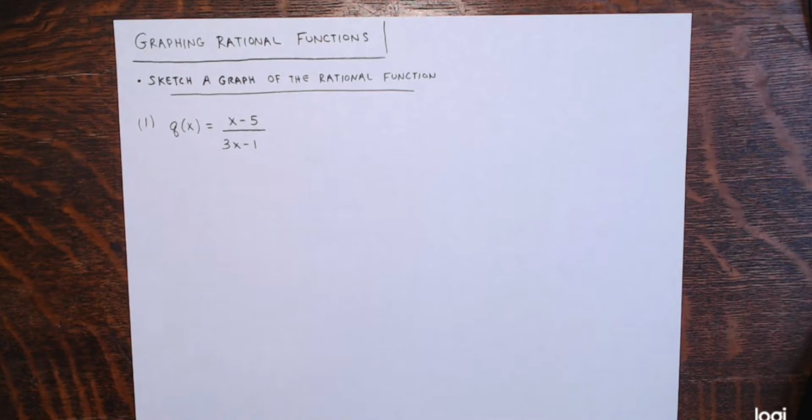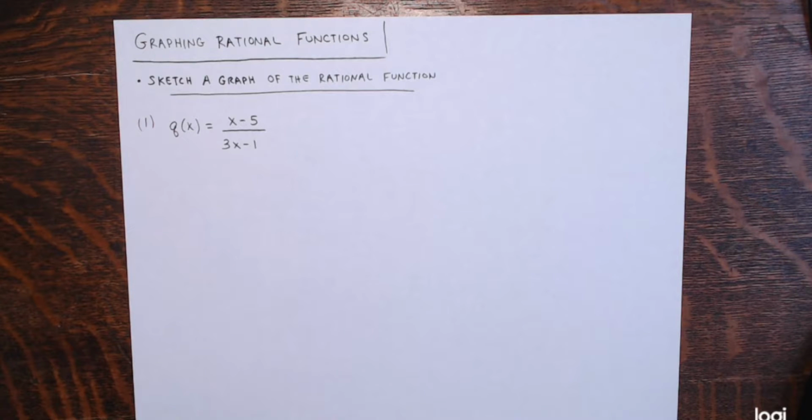Alright, so in order to sketch a graph of a rational function, you should be able to find intercepts, and that's for any function. You should be able to find x-intercepts and y-intercepts if it has any.